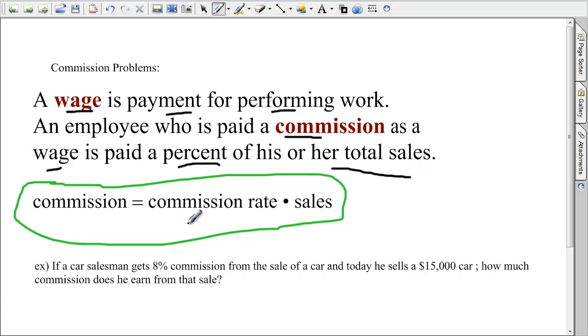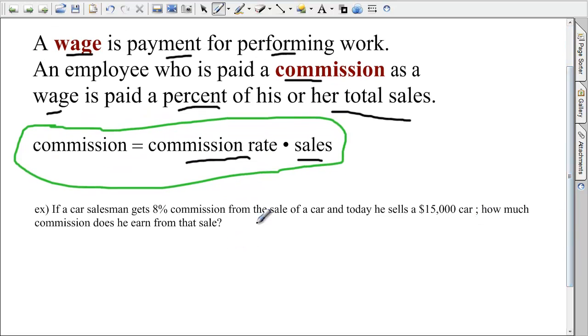So if I want to know how much commission I'm going to get, I'll take my commission rate times my sales for that day. So let's say a car salesman gets 8% commission from the sale of a car. Today he sells a $15,000 car. How much commission does he earn from that sale? Well, now we know the recipe. Let's take the commission rate, again constantly converting our percent to a decimal.